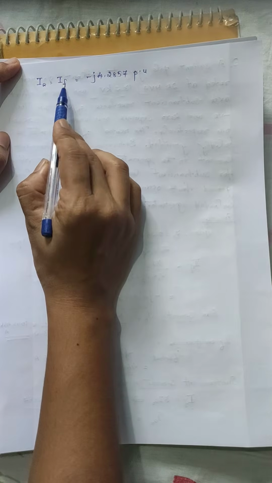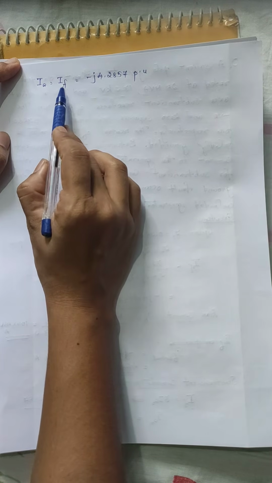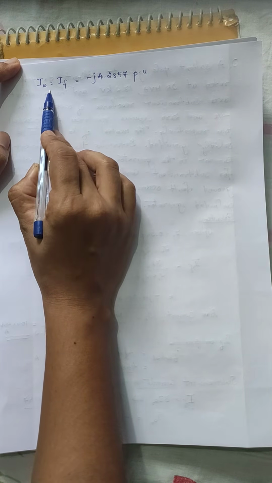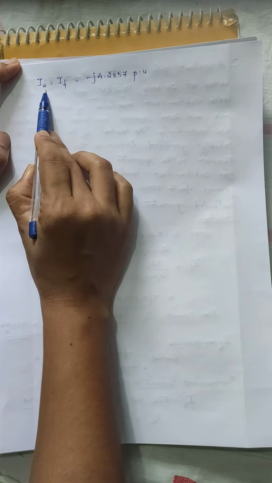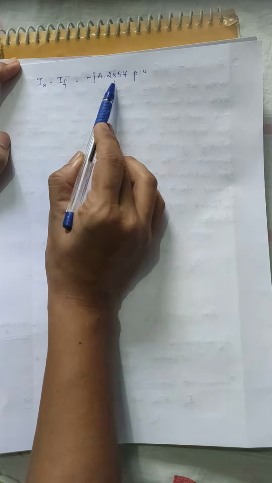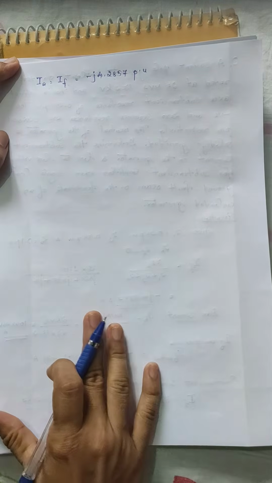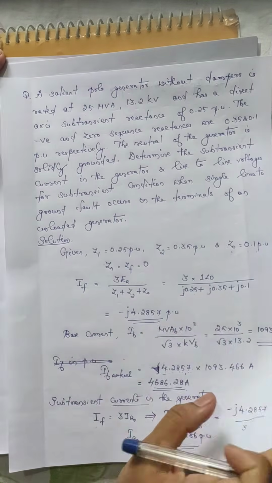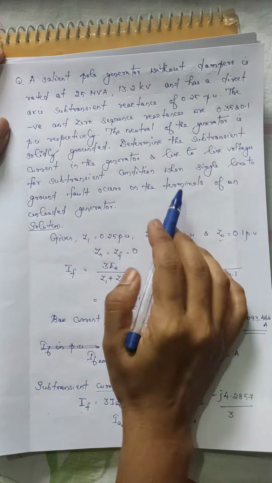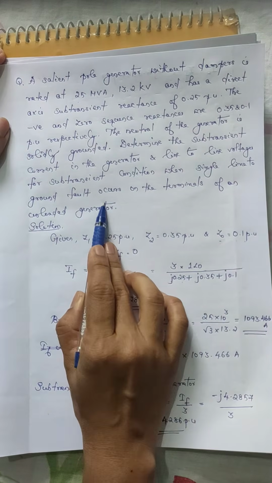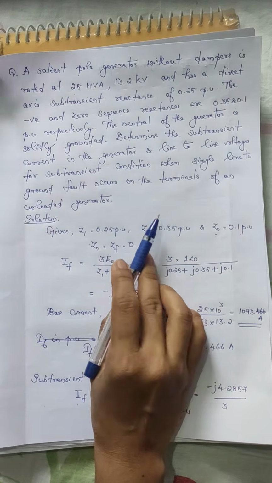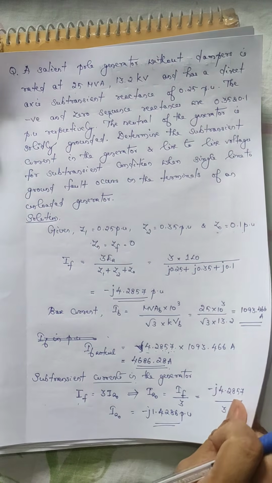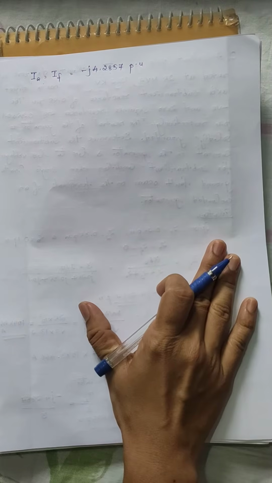Next is the current through the remaining two phases, phase B and phase C. If we are assuming that the fault is occurring on phase A, current through phase A will be equal to fault current. In the question it is given that the alternator is unloaded. Unloaded means current will not flow through the phases other than the faulty phase.